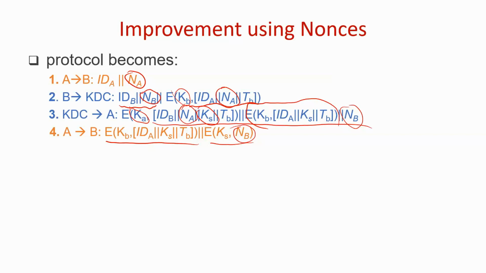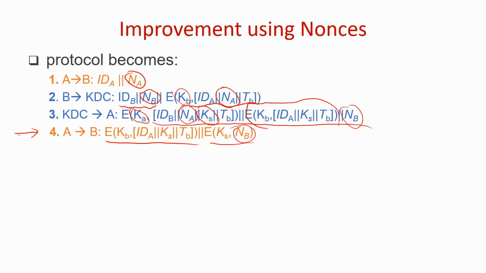Okay, so B will generate it in step 2, and B will be the only one responsible for checking that the ticket in step 4 is a valid one. Because replay attacks will happen at B. The attacker will want to actually send the message in step 4 or replay the message in step 4 to B. And so it is the responsibility of B in all cases to check that this is a replay. And so this is exactly what happens.